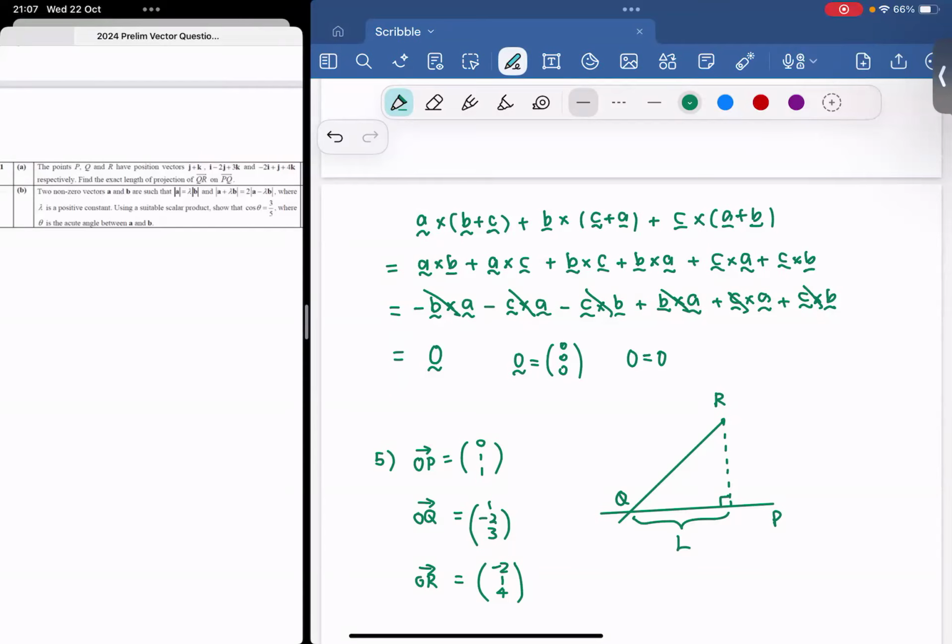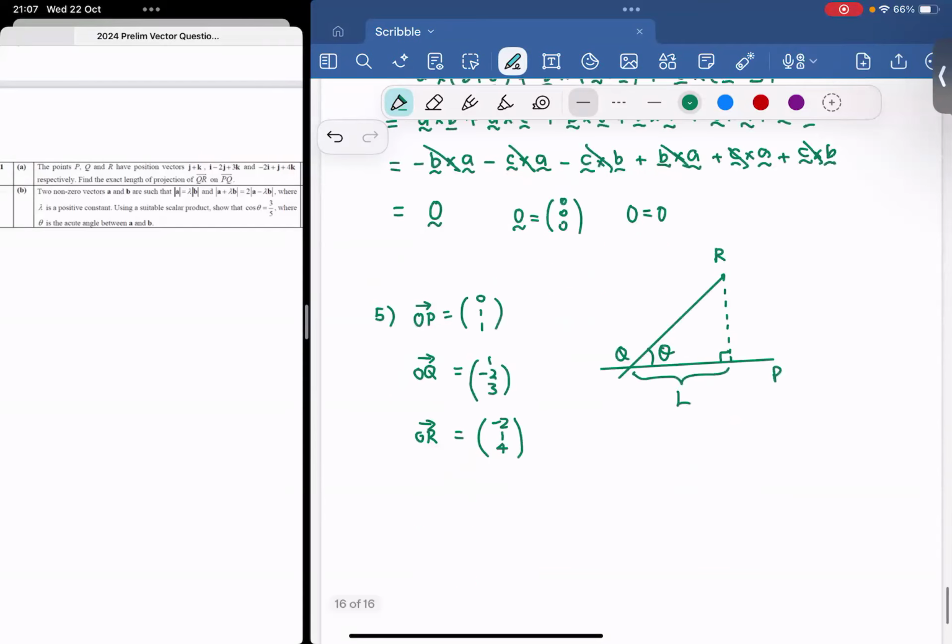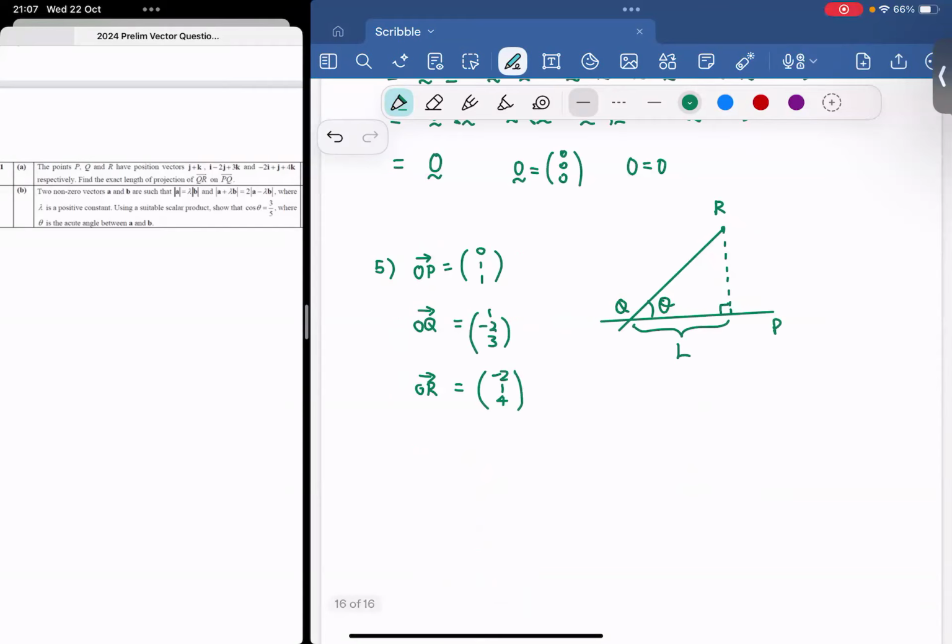So we have this theta here. First we need to find QR and PQ. QR equals this minus that, negative 3, 3, 1. Then PQ is equal to Q minus P. So 1, negative 3, 2.